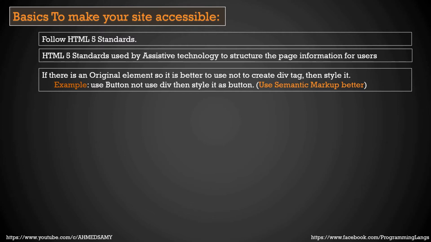So try as you can to use the original element if it exists, and I'm pretty sure that it will exist somewhere. So first of all, check the HTML5 standard. Check the existence of the original element. After that, if you have no choice except to use some specific custom element, try to implement it with specific attributes. We're going to talk about it later.